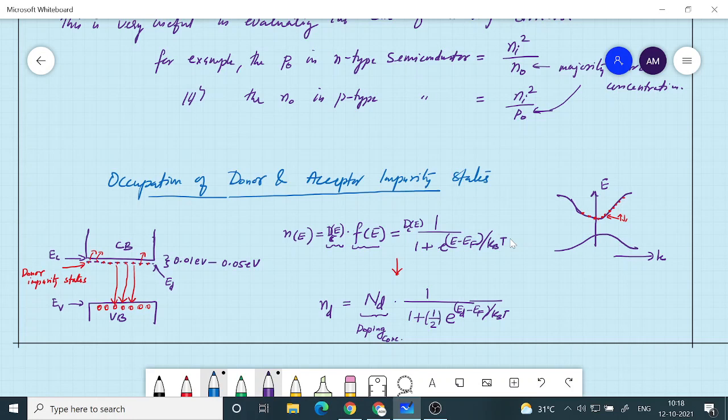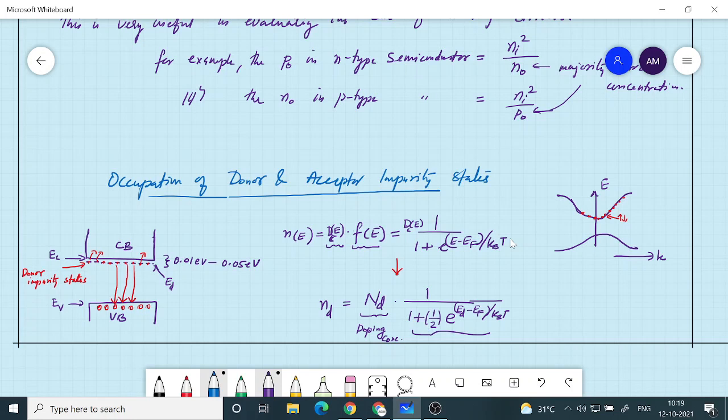That is the only difference, and that difference comes from the argument which I said. Since we have not seen the derivation of the Fermi-Dirac distribution, we will not go into the derivation of this particular expression. This expression gives you the probability of filling up the donor states, and it comes with a half as an extra factor to this exponential term.